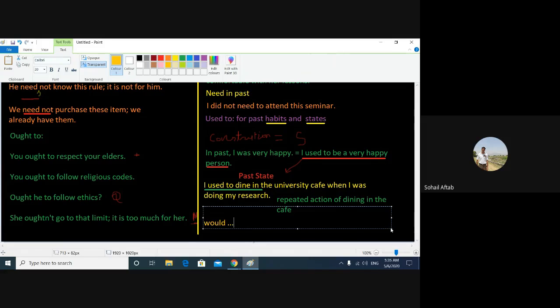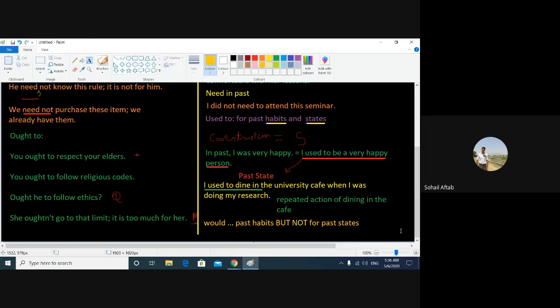You can use would for past habits, but not for past states. For instance, if you write a sentence something like that, I am left with only this little space.